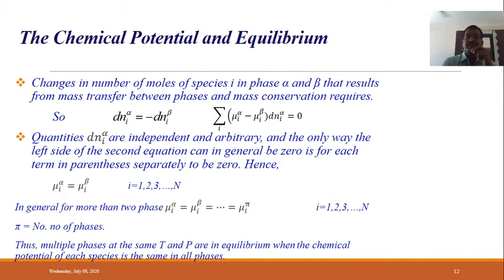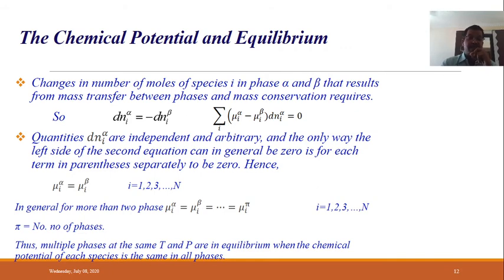Now here d(ni alpha) is independent and arbitrary, so it cannot be 0. Moles are present in the system, so change is there. That is why we have written this fundamental property relation for solution thermodynamics, where composition change is there. So you cannot set d(ni alpha) equal to 0.